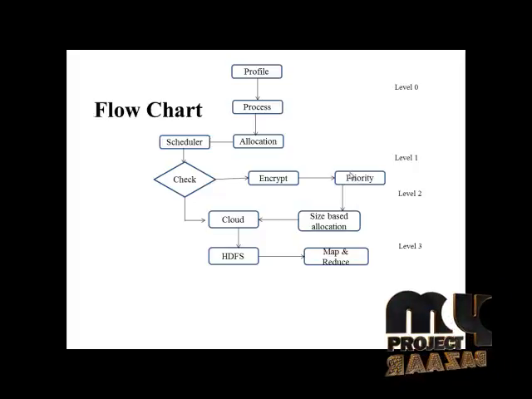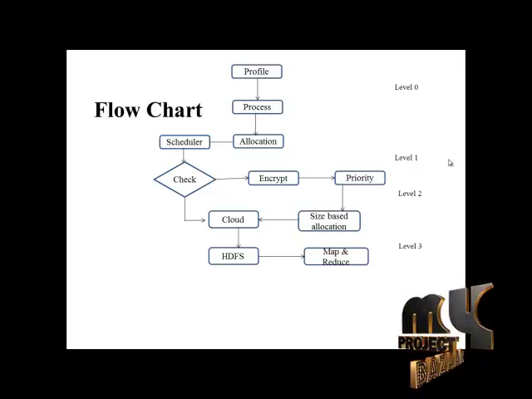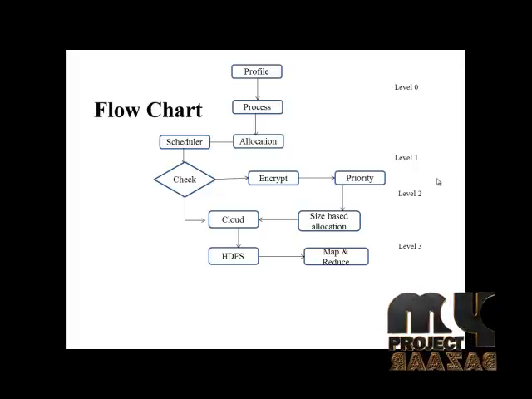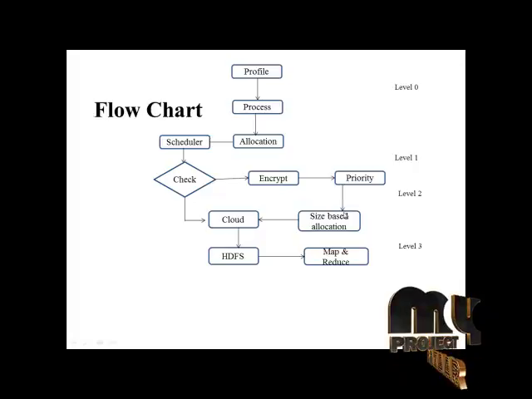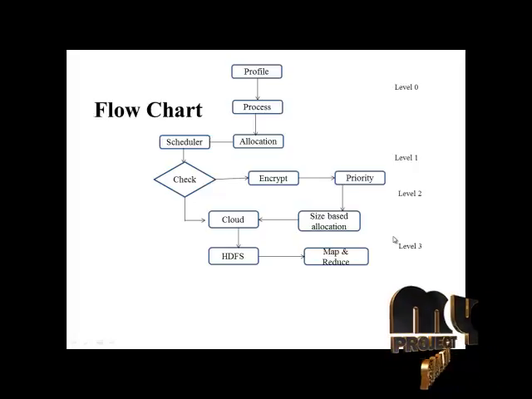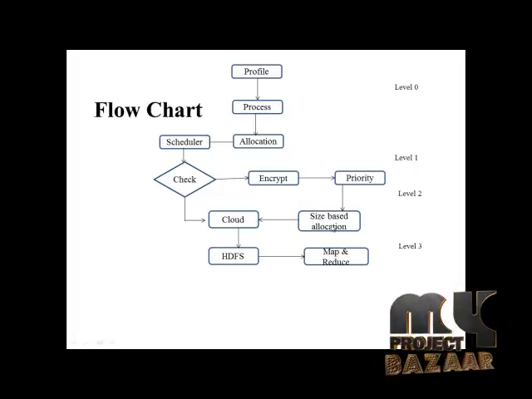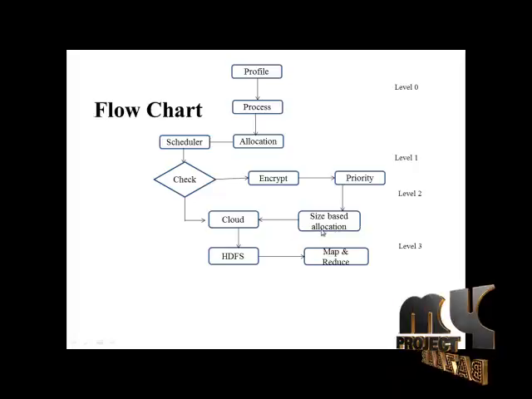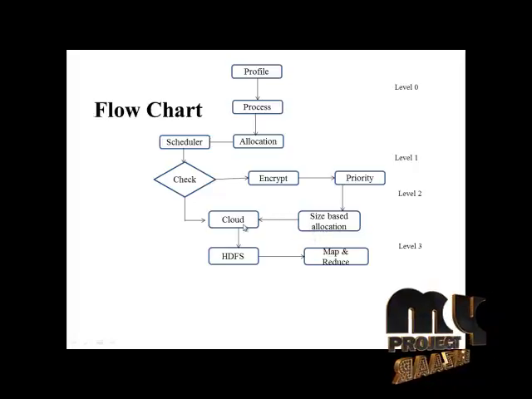Here the data is based on the scheduling. The scheduler is scheduling the jobs, works or files. The file job is allocated based on the file size. Here we are creating different virtual machines: small, medium, large. Based on the different virtual machines, the data is stored on the cloud server.